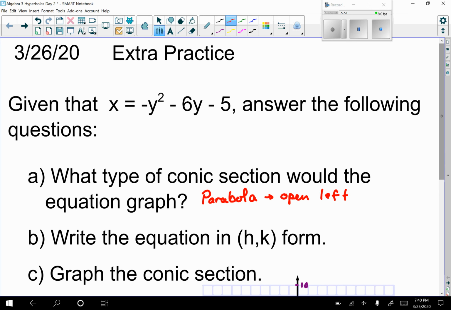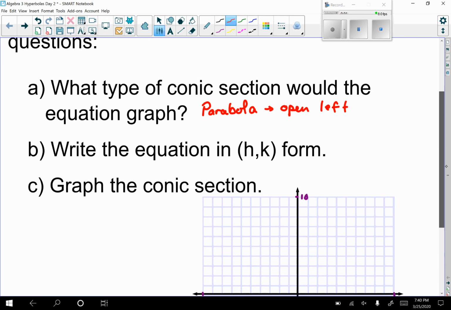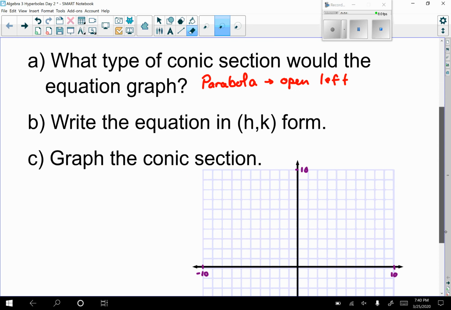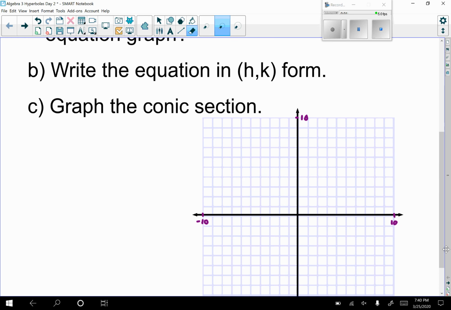What I'm going to do is scroll down to get this in HK form. All right, so we're looking at x equals negative y squared minus 6y minus 5.